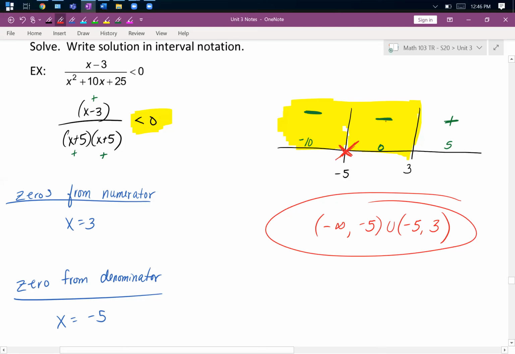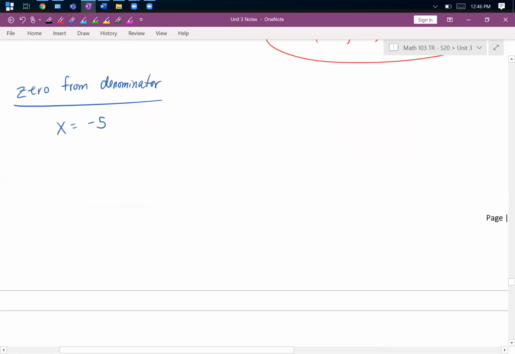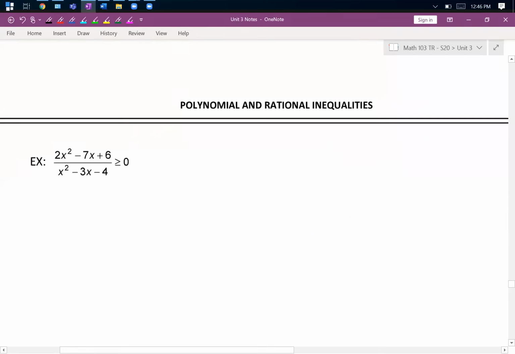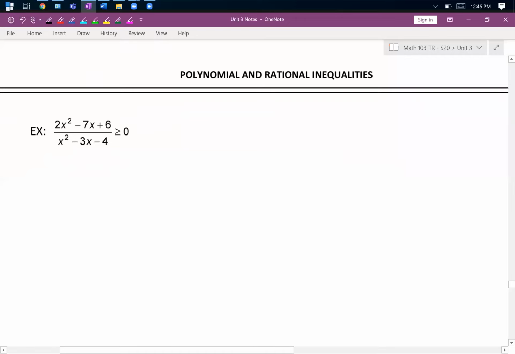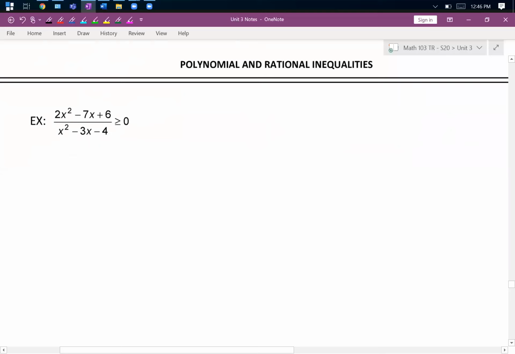Okay, great. Let's try a couple more. So it's not really any harder. I feel like it's the same thing. We just got to watch out for the zeros from the denominator. Okay, I'm going to start by factoring.